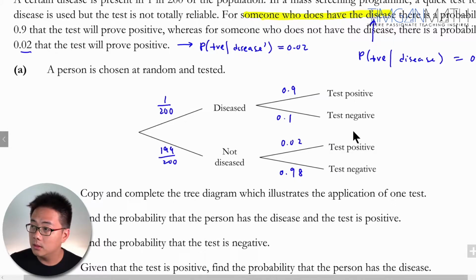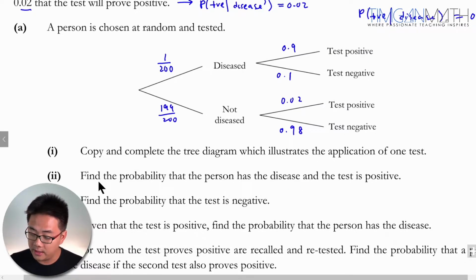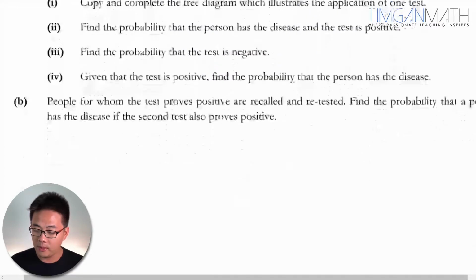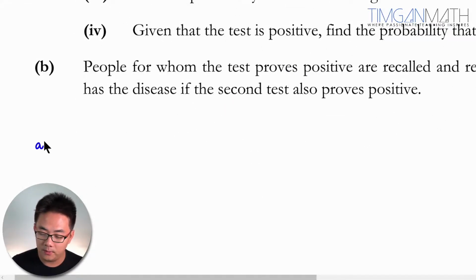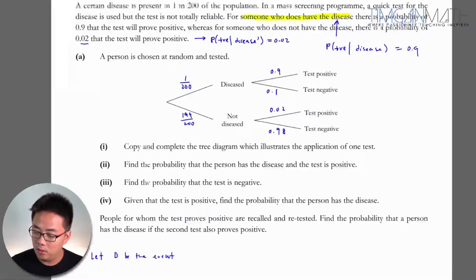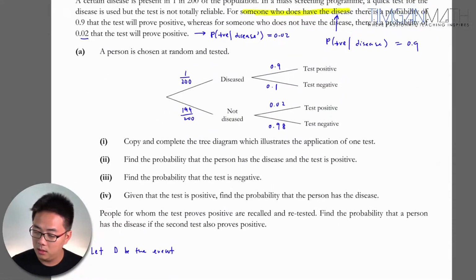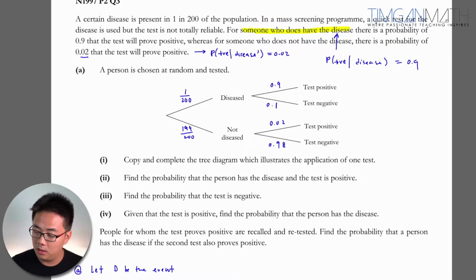Let's move on to the next one, part 2. Find the probability that the person has a disease and the test is positive. I'm just going to write it down first. Let D be the event that a person is diseased.